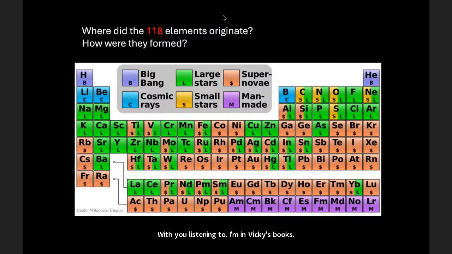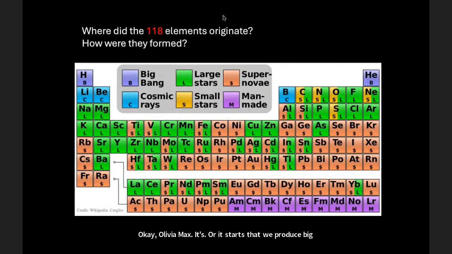Then we have some of them that are a little bit heavier, that are produced as what we call cosmic ray spallation. I'm going to explain this in a moment. But most of them, the greens and the yellow ones, and also this kind of red, are produced in stars of different mass: stars like our sun, or stars that will produce big explosions that we call supernovas.